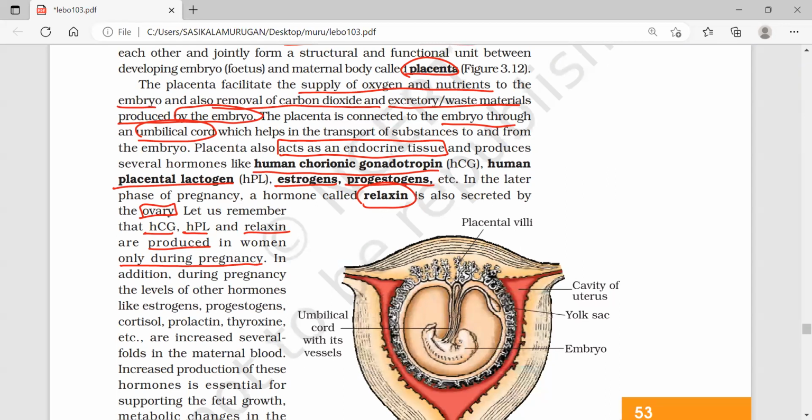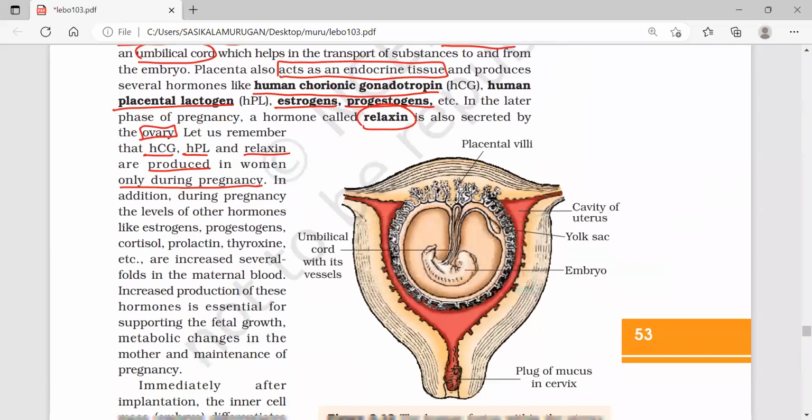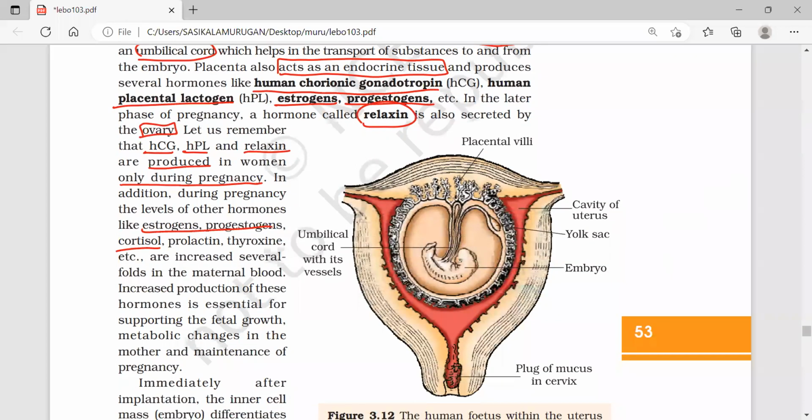In addition, during pregnancy the levels of other hormones like estrogens, progesterone, cortisol, prolactin, and thyroxine also increase several folds in the maternal blood, because these hormones are very essential for supporting fetal growth. Note down the word supporting.